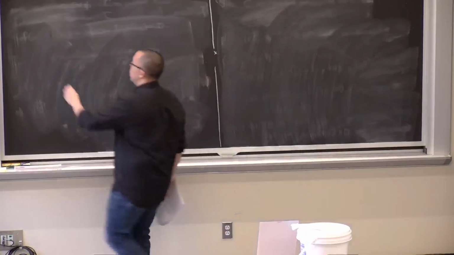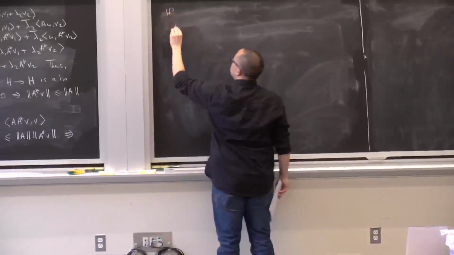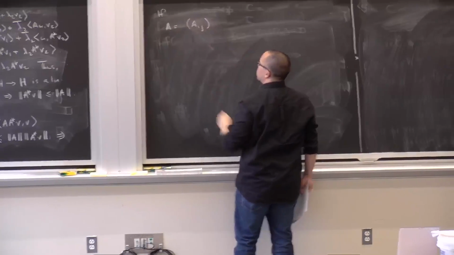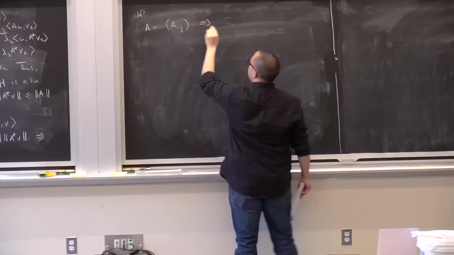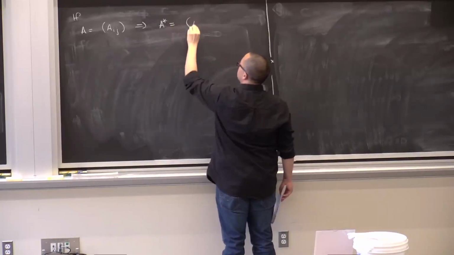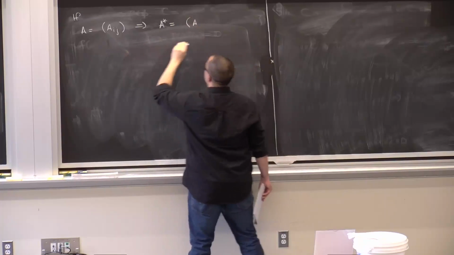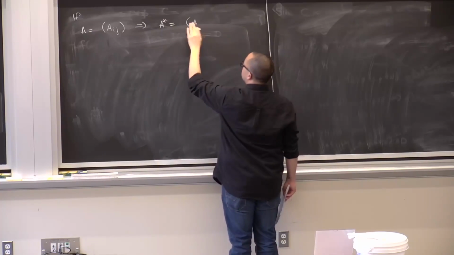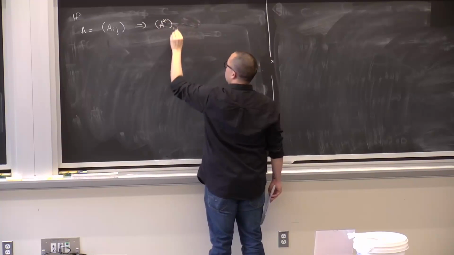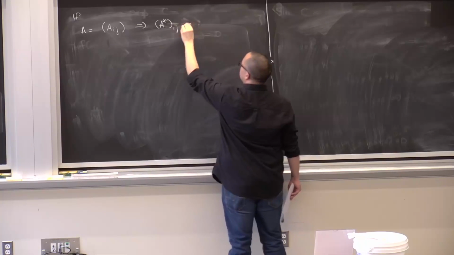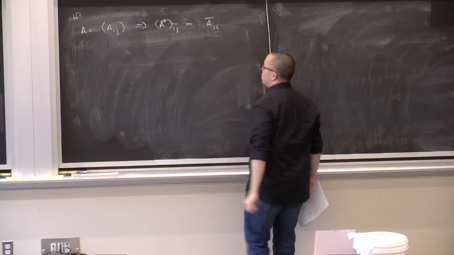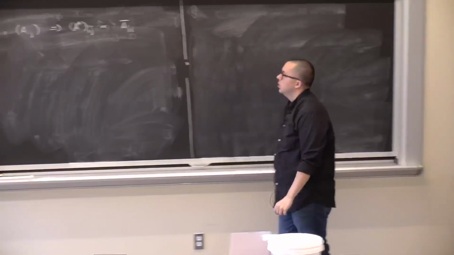If A is represented by a matrix, then the adjoint, which is also representable by a matrix, is represented by the matrix whose entries are, I should say, the matrix for the adjoint, (A star)_ij, is equal to A_ji complex conjugate. Okay?